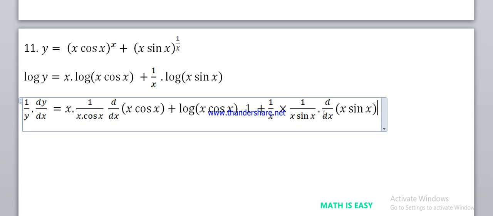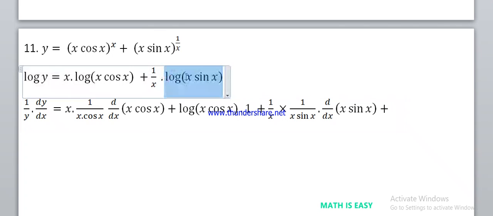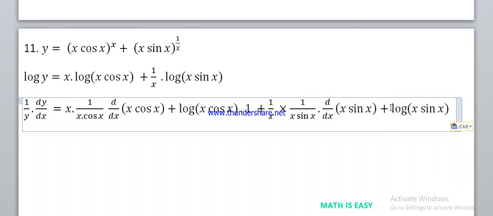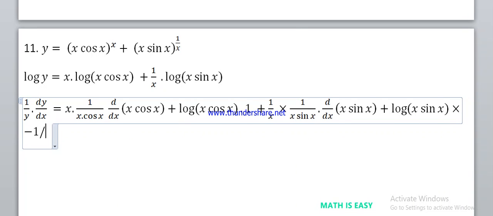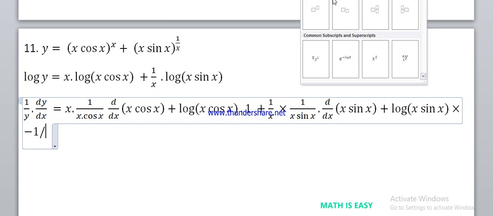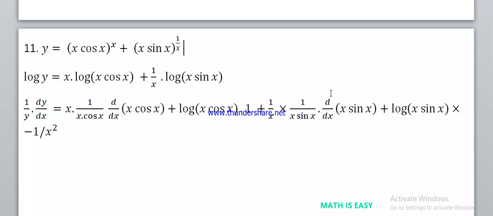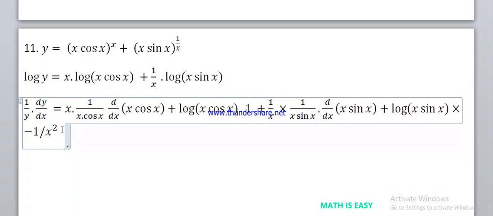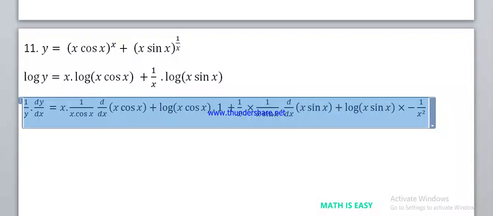So here I got u derivative of v plus v derivative of u. V into derivative of u is into, so this is going to be minus 1 upon x square. So see how lengthy it is going on.